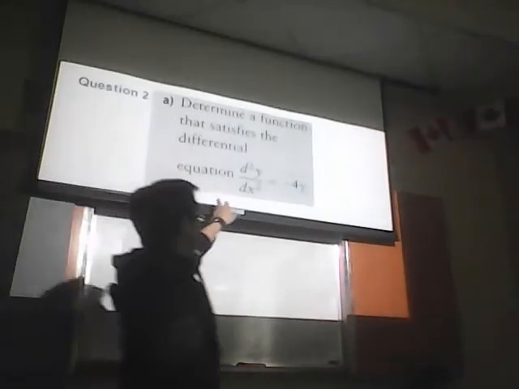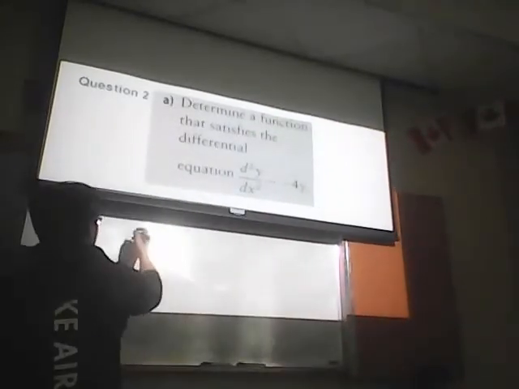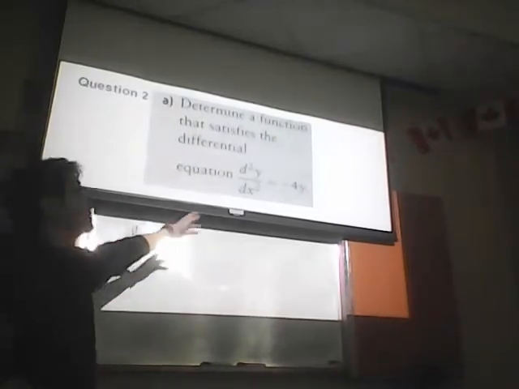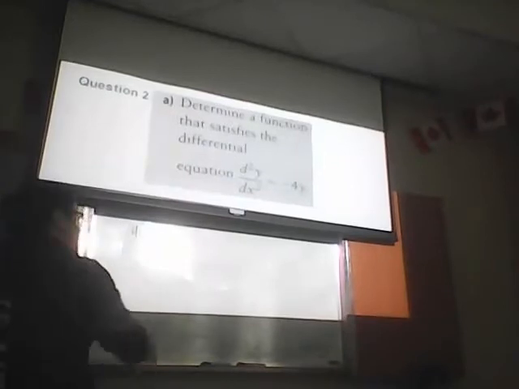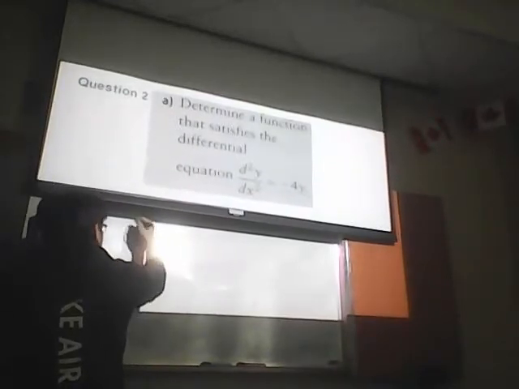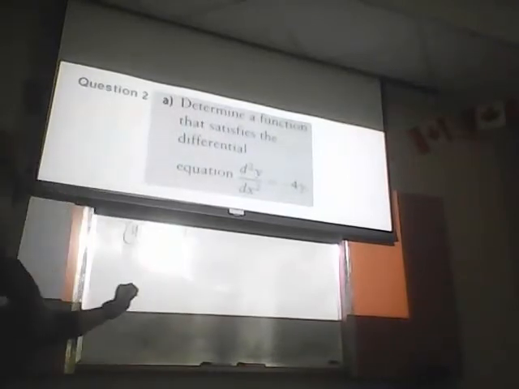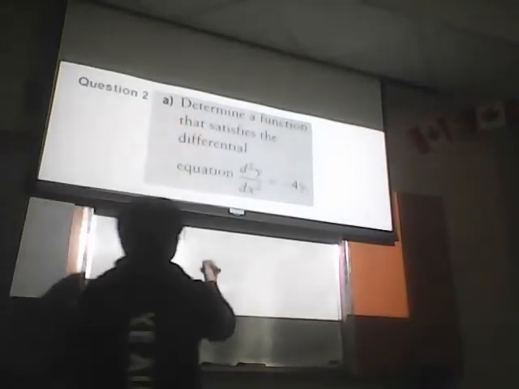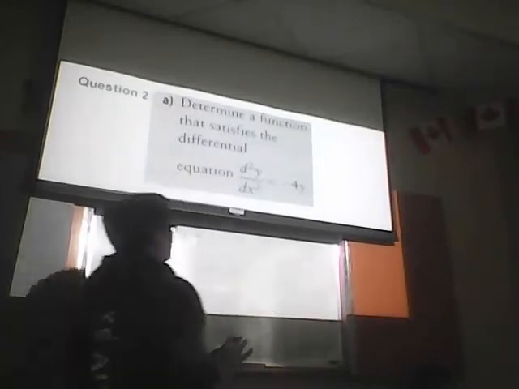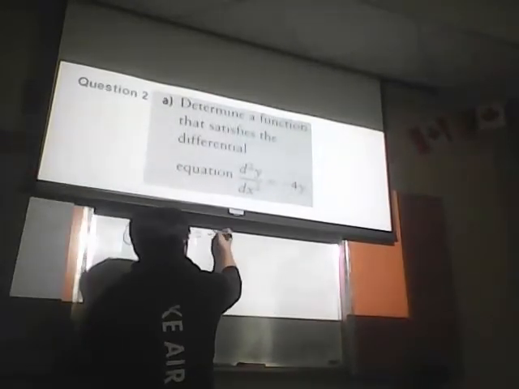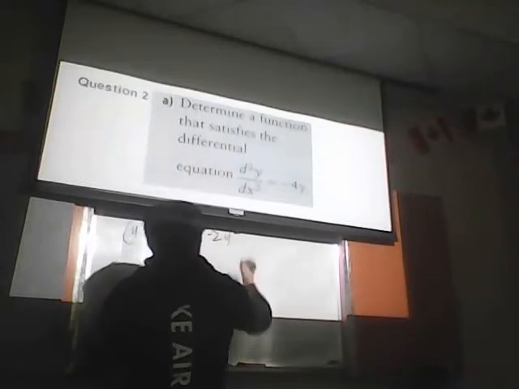So you can see this one is... because we know this one, and this is negative 4y, so it is negative 2y square.